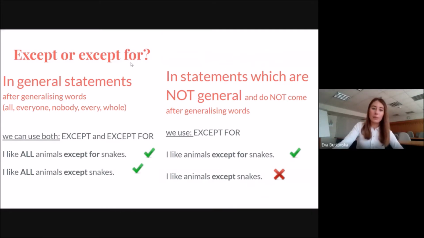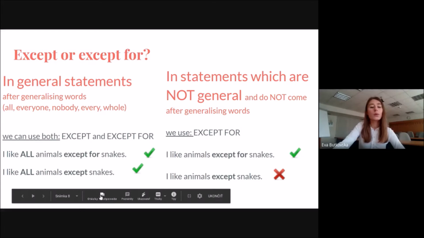In general statements, I want you to understand what a general statement means. It's one that is always followed by generalizing words. What are they? Everybody, all, everyone, whole, nobody. Those are generalizing words, and those are in general statements. We can use both, except or except for.